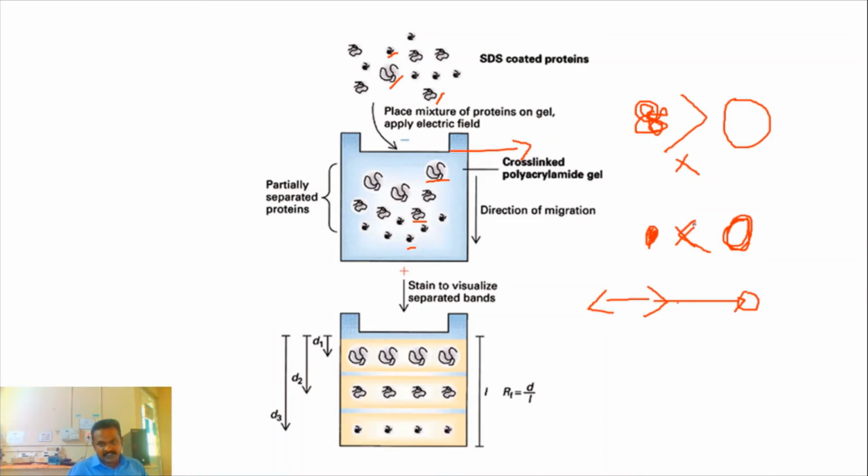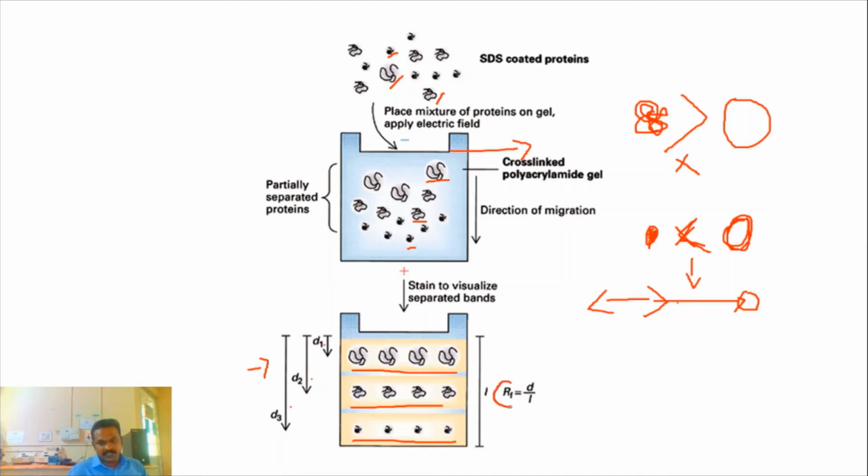Always take a small amount of sample for getting better resolution. After separation, the large molecules settle here, the medium size molecules here, and the small molecules here. So finally we calculate D1, D2, D3. The distance reflects the size of the molecule.